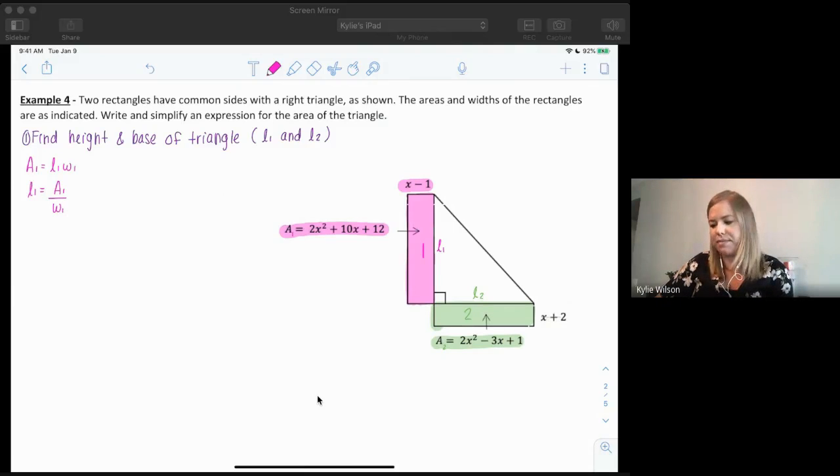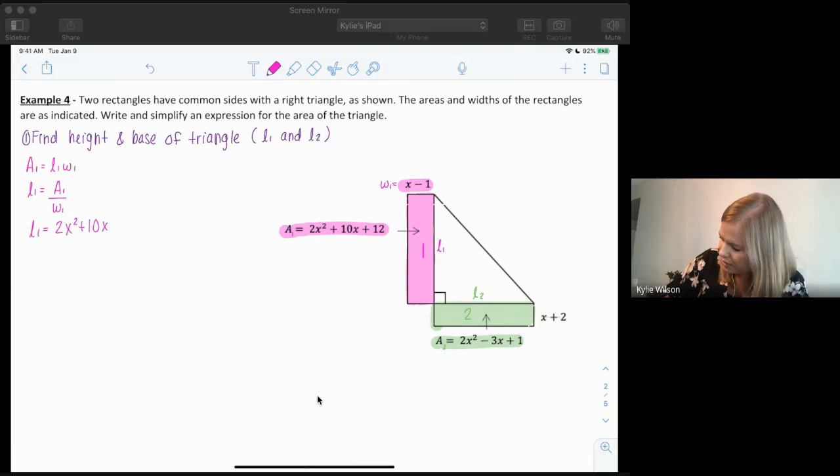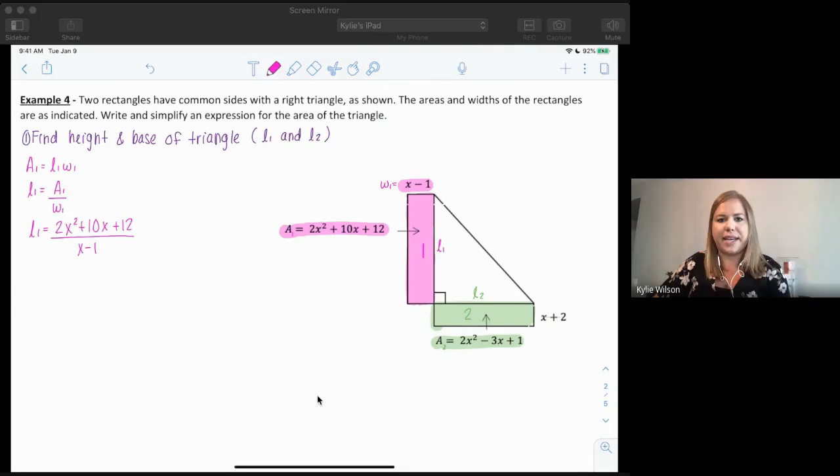Now let's fill in our values with our pink numbers. So our length 1 is going to be equal to 2x squared plus 10x plus 12 divided by x minus 1. And now we're going to start simplifying this.